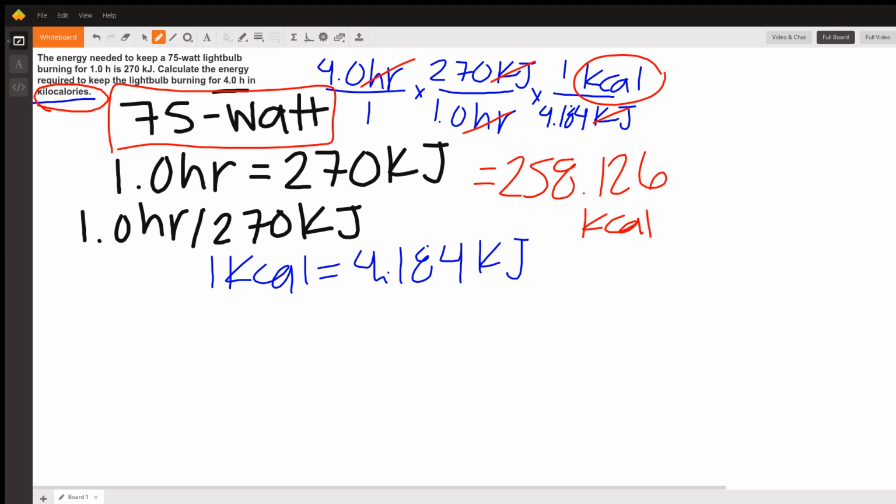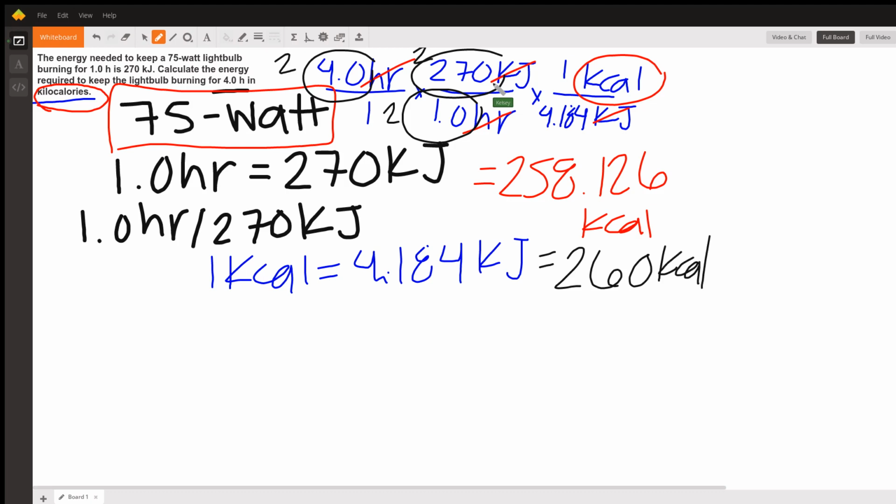So we didn't use 75 watts in our calculation, so we're not going to use it for sig figs. We did use 4 hours, which has 2. We did use 1 hour, which has 2. 270 also has 2 because it doesn't have a period at the end. We don't include that 0. So we want 2 significant figures in our final answer, and this will be 260 kilocalories.